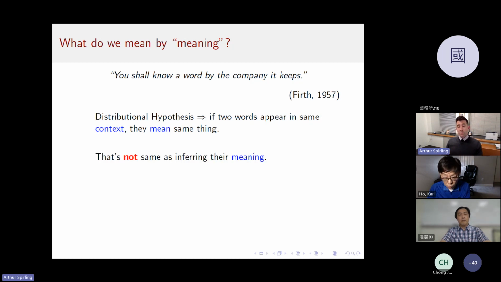This is not the same as inferring meaning. So this is not a paper about being given a word and trying to say, a priori from first principles, this is what this word means.